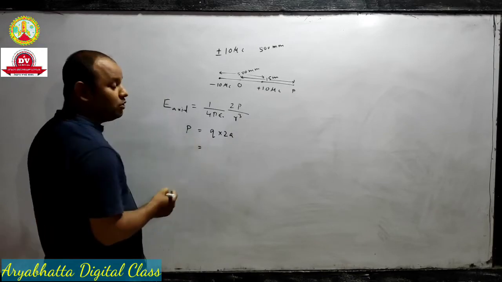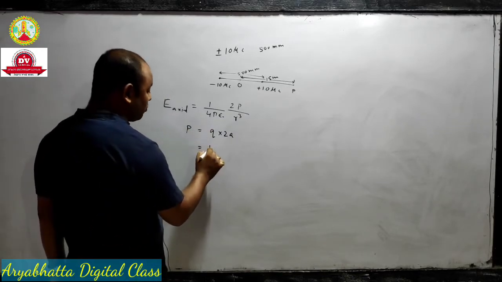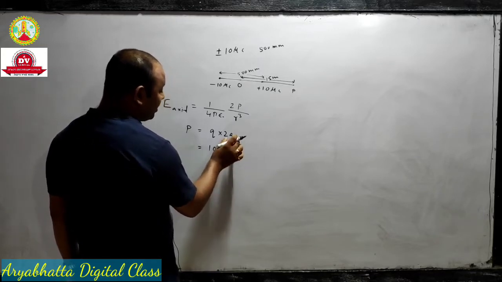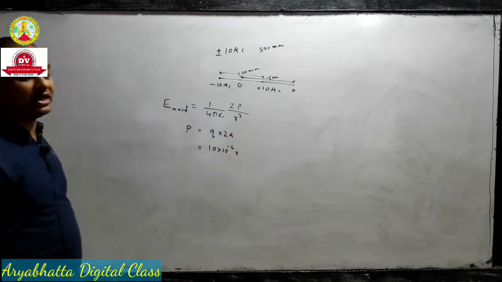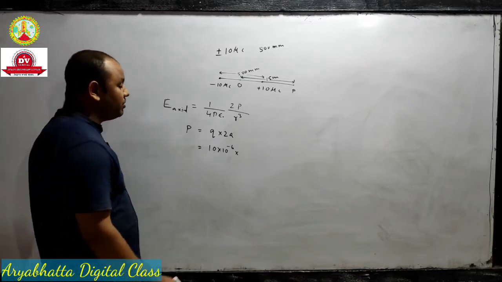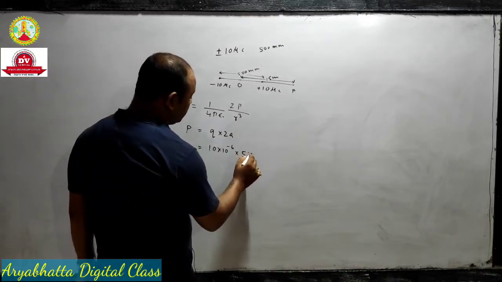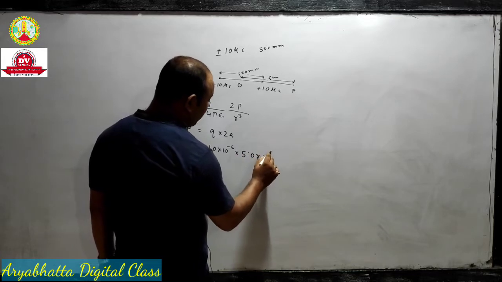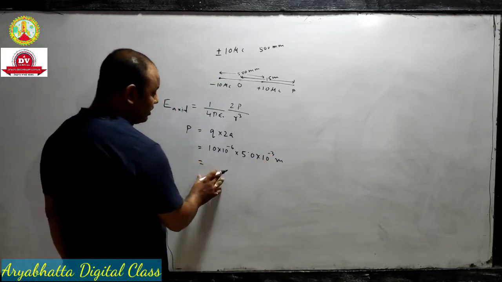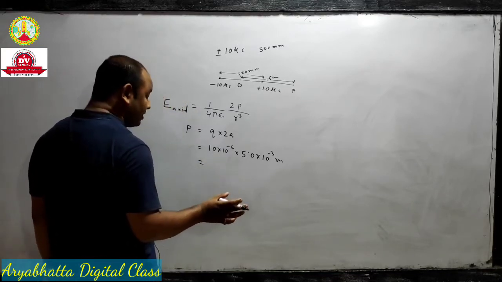Here charge is 10 microcoulomb, 10 into 10 to the power minus 6 coulomb. And twice A means the distance between two charges, which is equal to 5.0 millimeter, so it will be 5.0 into 10 to the power minus 3 meter. Okay, if you multiply it, then you'll find the value of the dipole moment.